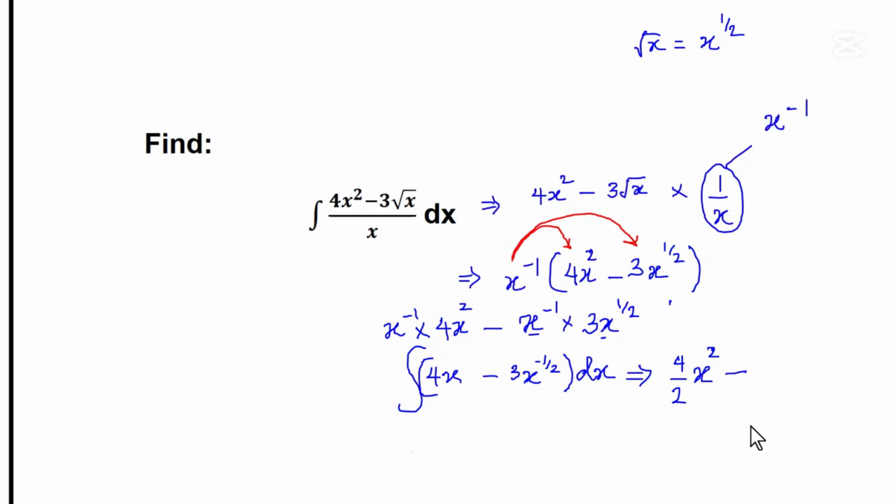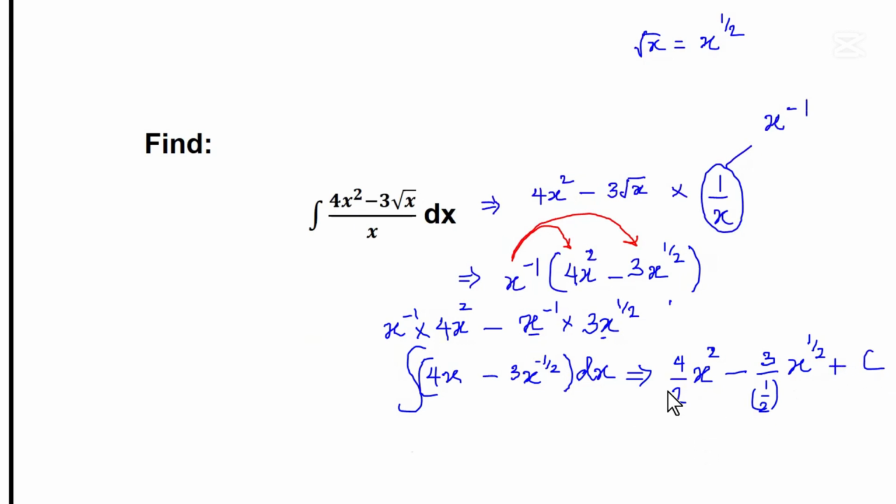Minus, now the power in this case is -1/2, so 3x to the power of -1/2. If you add 1 to -1/2, it gives us 1/2. So we divide 3 by 1/2, then x to the power of 1/2, plus c.